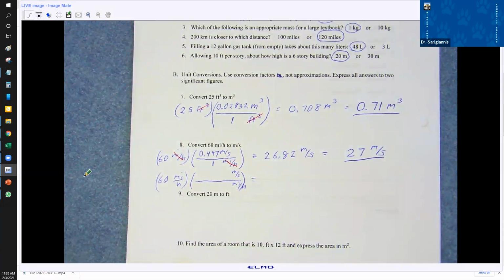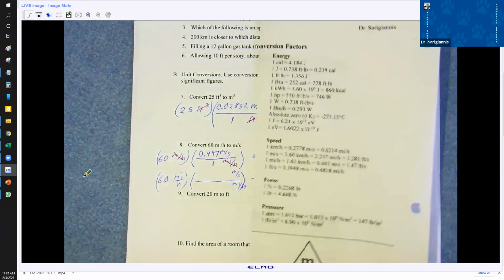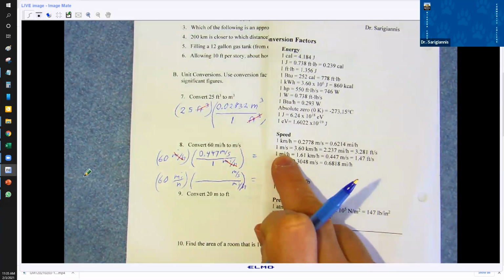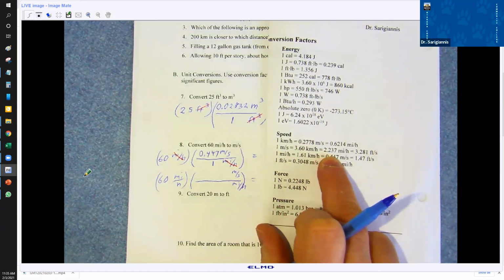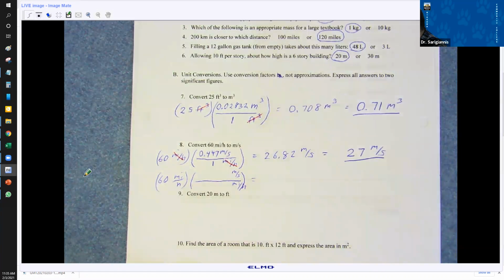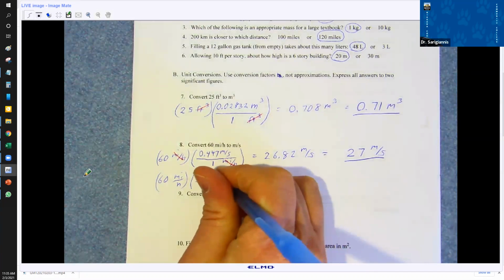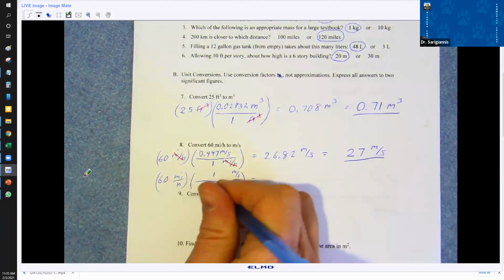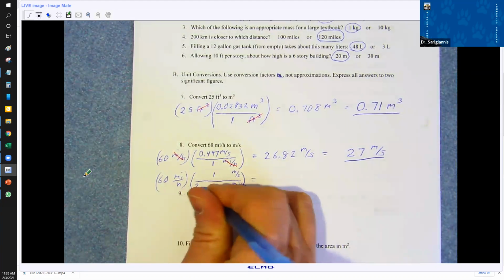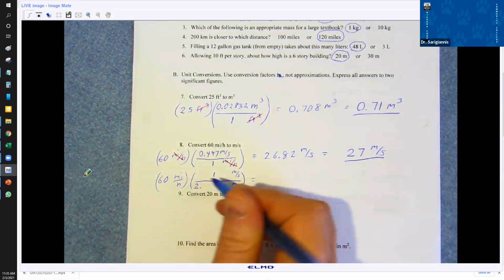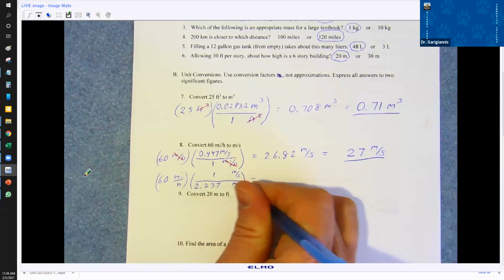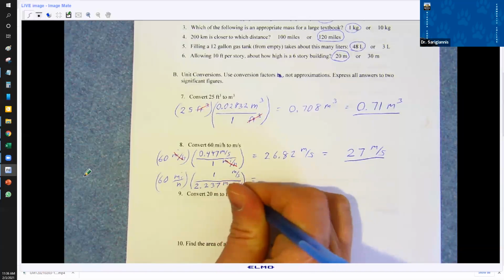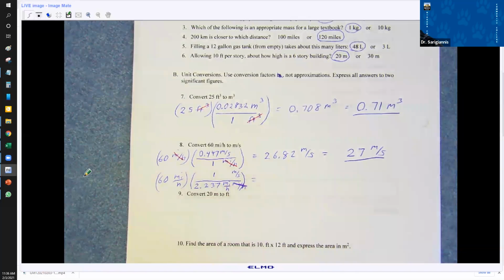Now, the other way to do this, we look at the other conversion factor we have: 1 meter per second is 2.237 miles per hour. What I want to show you is this fraction is just telling you again, 2.237 miles per hour.